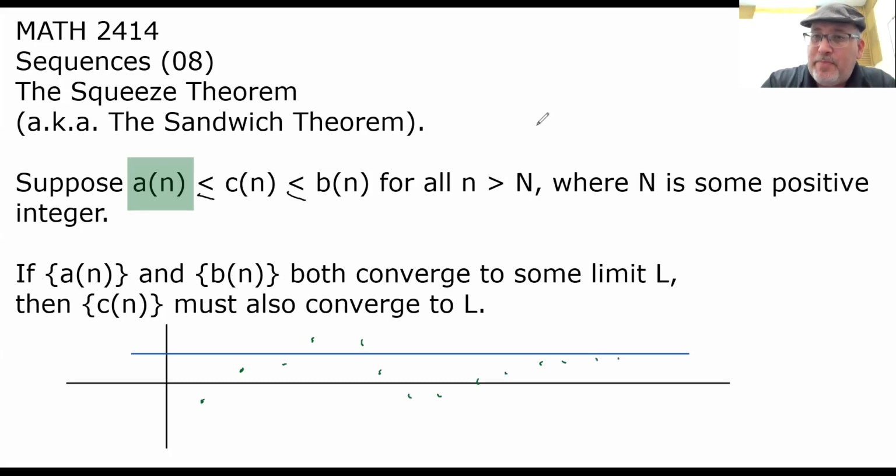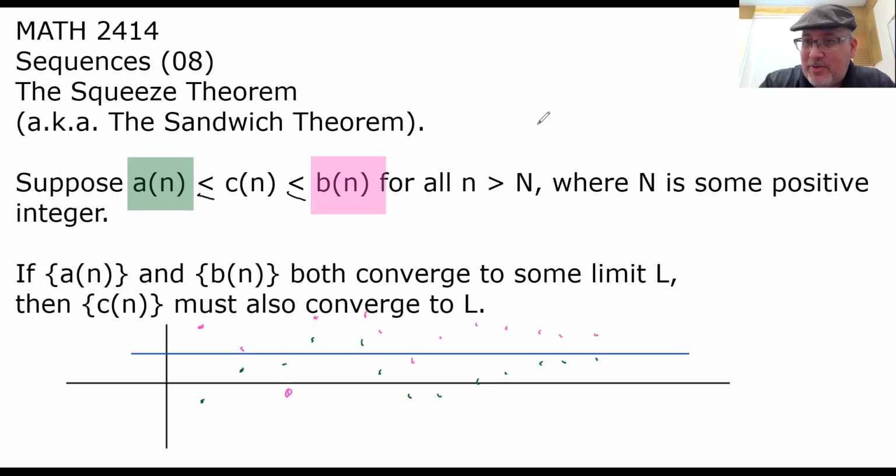And let's say the B's are some pink dots. Say the B's are some pink dots, which may be above or below the ANs. They might be on them, but at some point they're above and they stay above. Let's say from this point forward, the pink dots are always above the green dots.